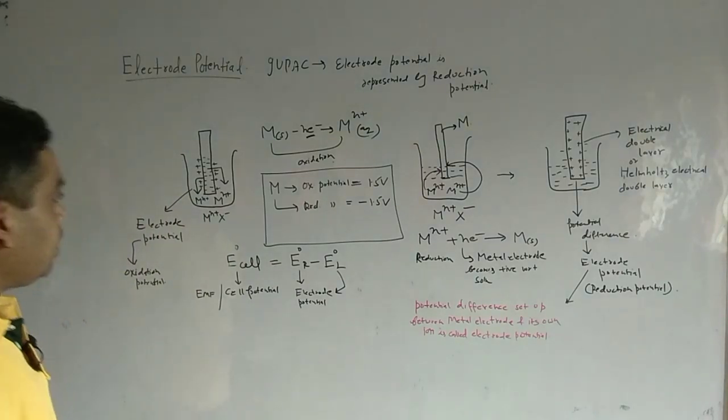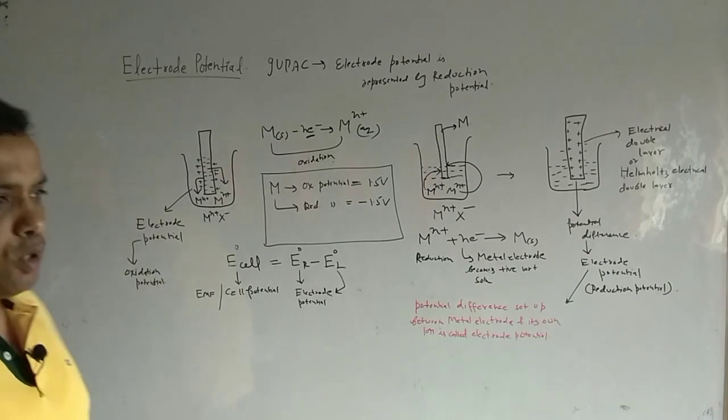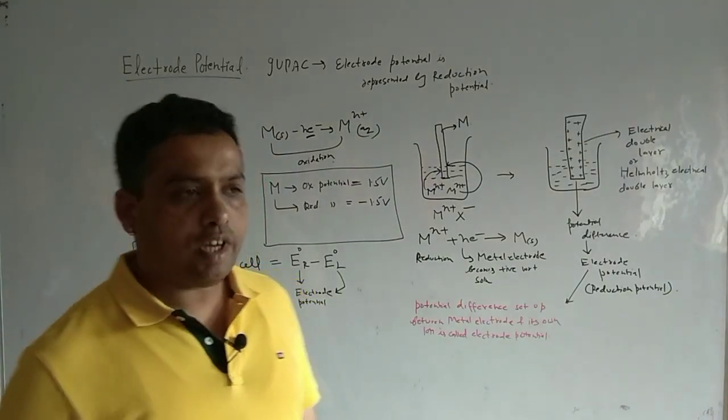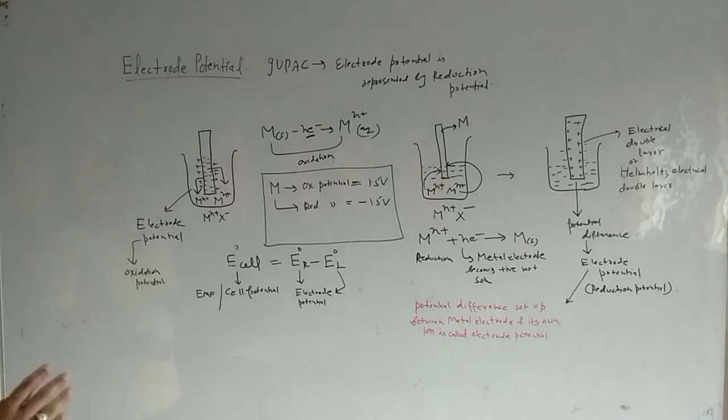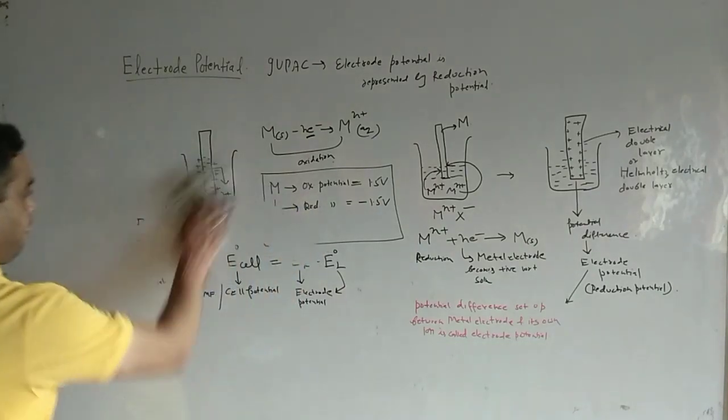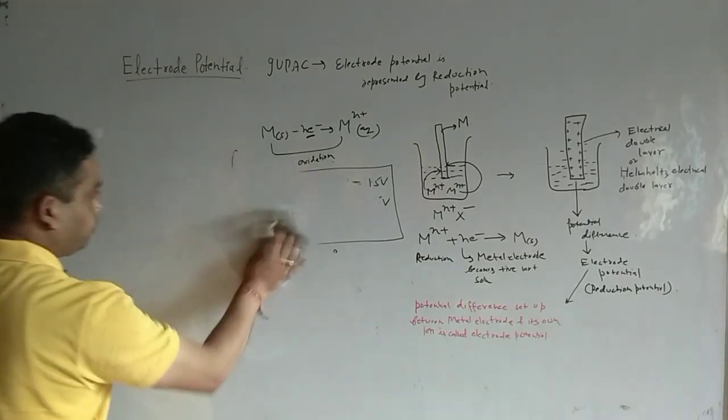Now the question comes, from where is this electrode potential actually coming? So now I am writing the expression for this particular one.